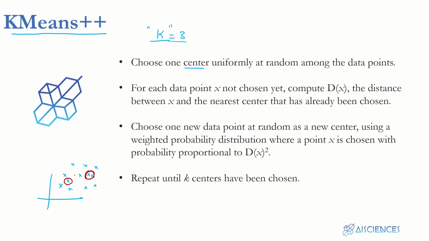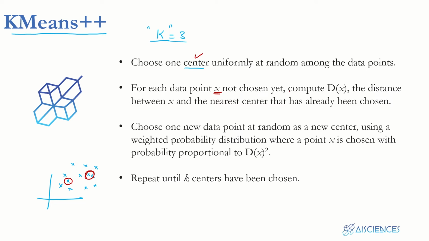And that's how you keep on moving to pick the initial centers, and in practice that works very well. Let me explain some details of this centroid picking strategy. So you pick the first center randomly, then you pick the second point.